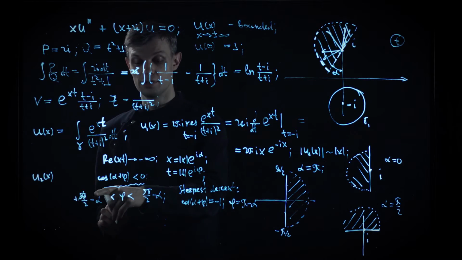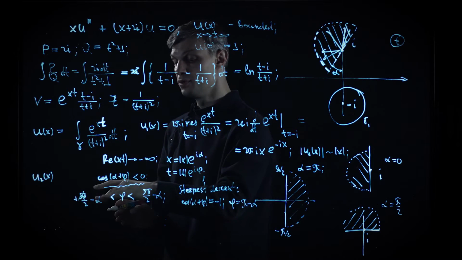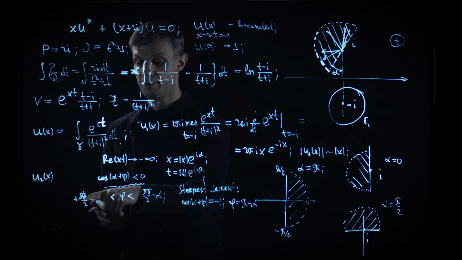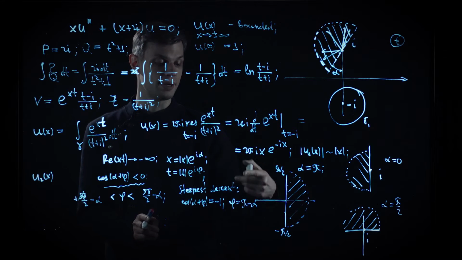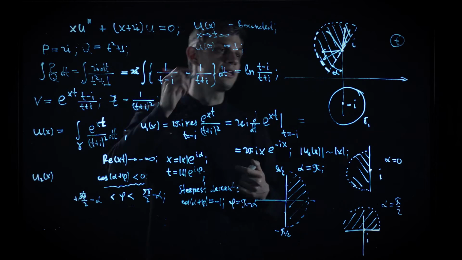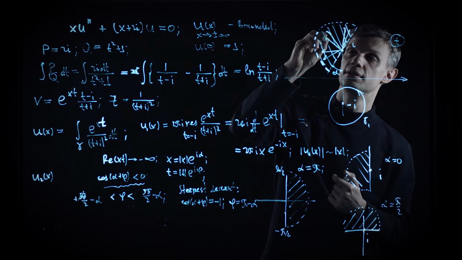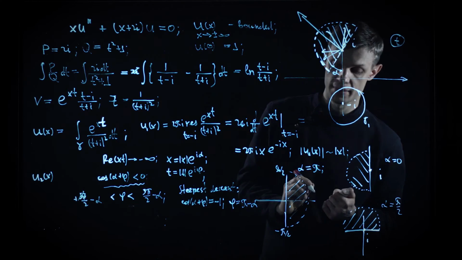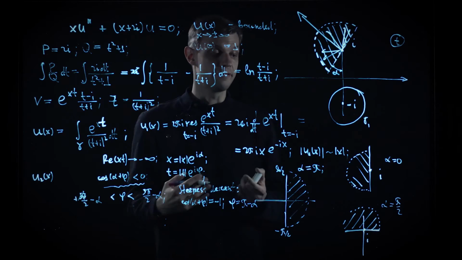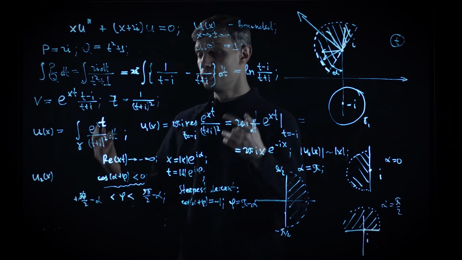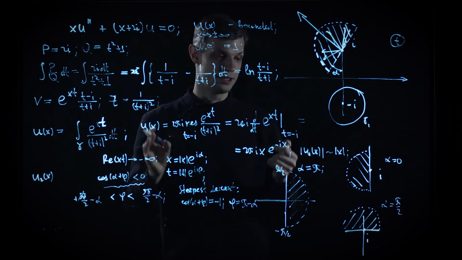So look at the segment to which phi should belong. It is from pi by 2 minus alpha to 3 pi by 2 minus alpha. And here is the steepest descent direction. It's pi minus alpha. It's a median. It's this direction. So we make all the things significantly simpler if from the very start we direct our contour in the steepest descent direction.